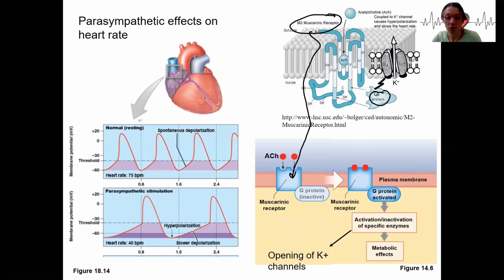When I say opening a potassium channel, that's a membrane protein, right? So here, potassium flows out, causing hyperpolarization and a slower slope to reach threshold. So altered slope. That's how we decrease heart rate with the parasympathetic nervous system. Do sympathetic next, I'll do it in a separate video.